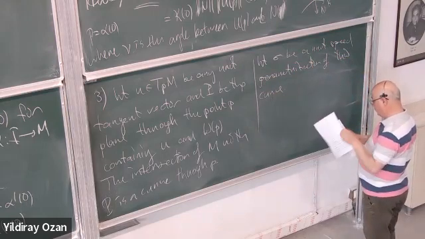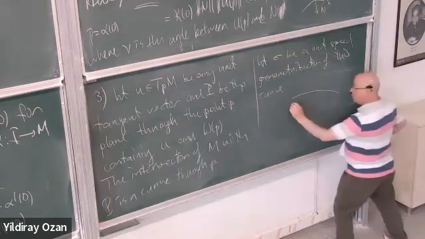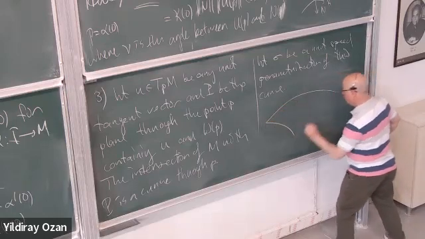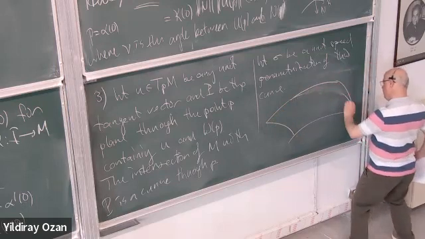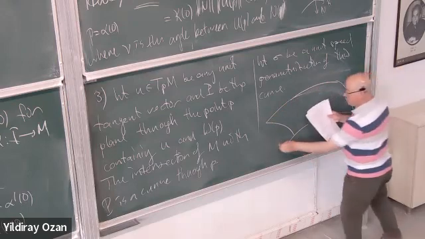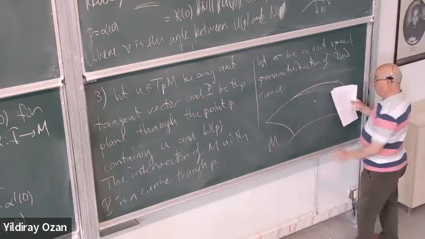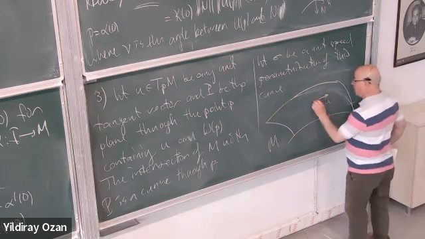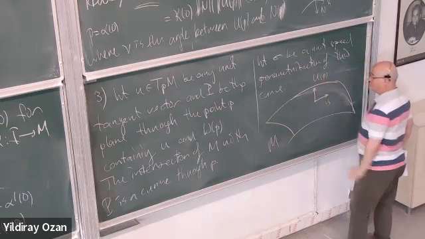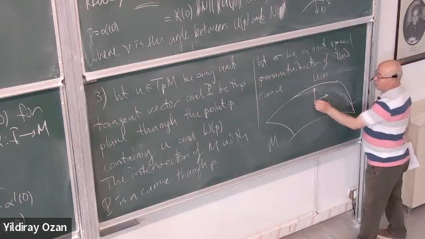Okay, so let me now draw a picture. I have a surface, let's say a surface like this, M. And we take a point and a vector U, a unit tangent vector, and I have my normal vector to the surface at that point, and we look at the plane through this point containing both these vectors.